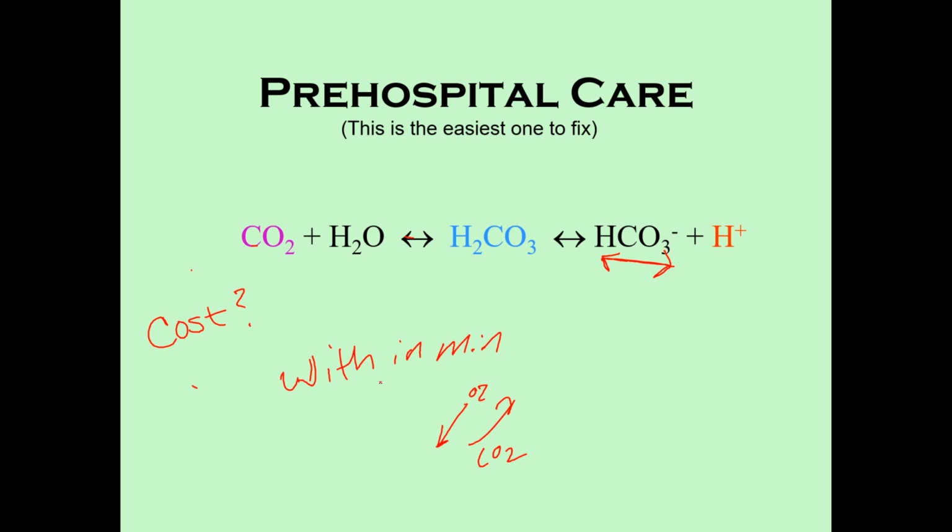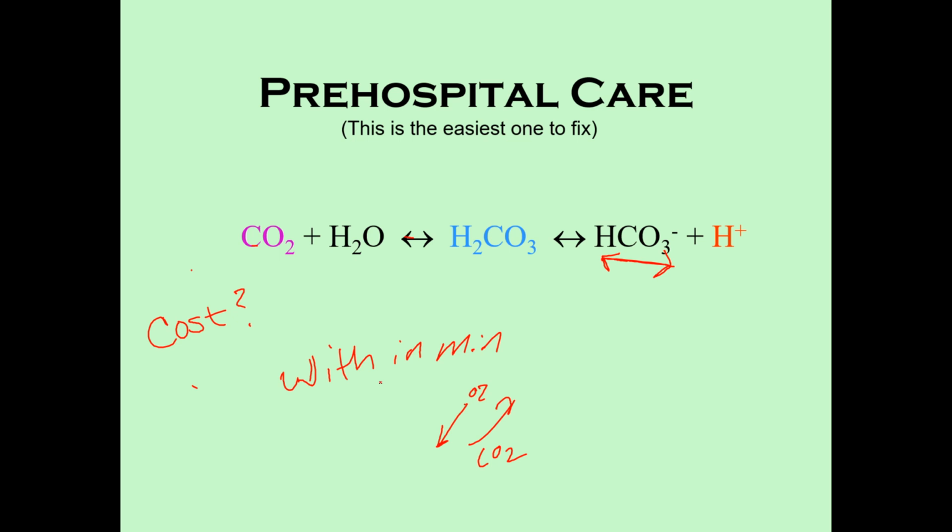Results in return of pH to hopefully normal limits, right? So let's say we're at 7.21. No, that's not indicative. Let's say we're at 6.0, right? Because 7.35 to 7.45 is normal. If we're at 6.0, that's telling you what?